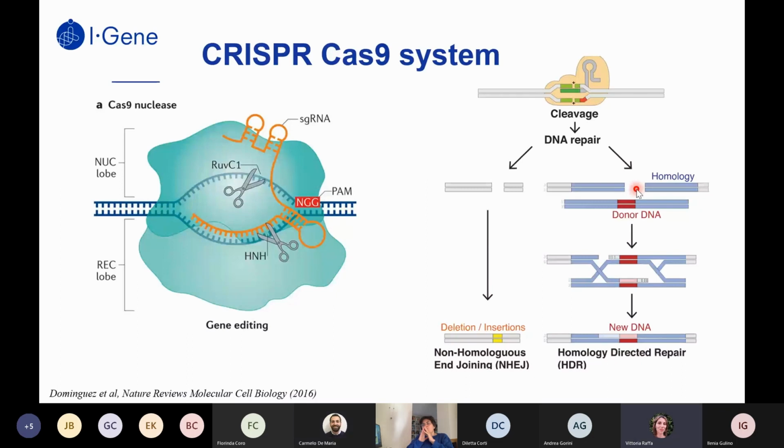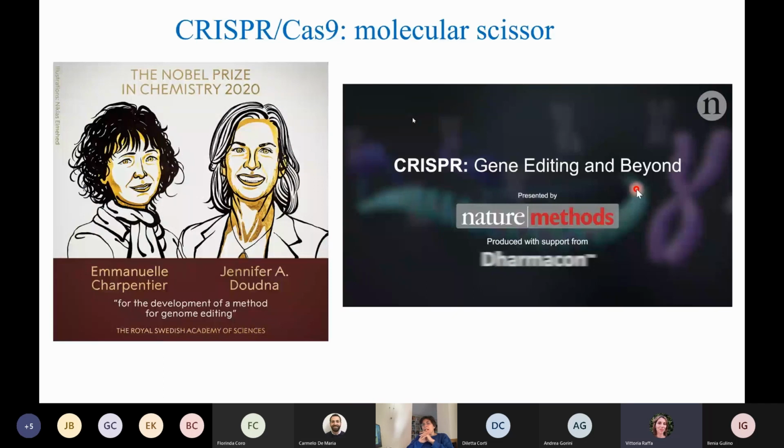Well, now what I want to show you is a little cartoon, just to recap a little bit. I want to be sure that you really understand how this system is working. Before watching this cartoon, I want to tell you that this system, the CRISPR-Cas9 system, this molecular scissor for cutting the DNA, is a big revolution in science.